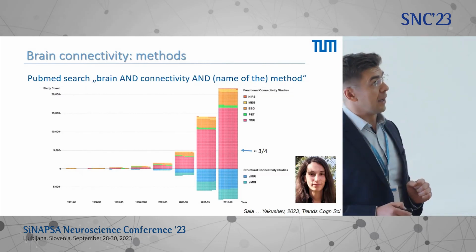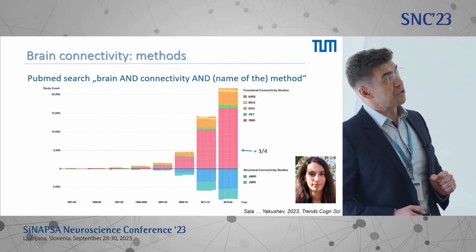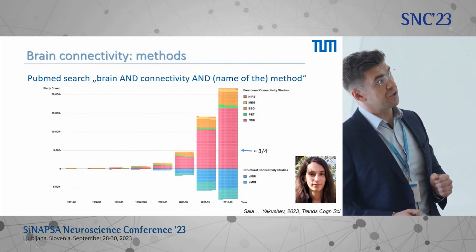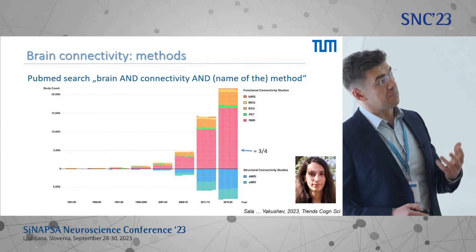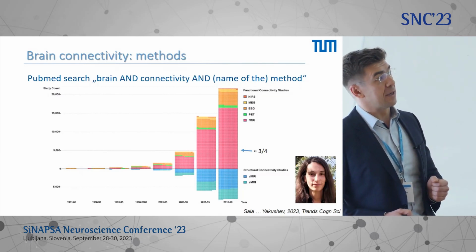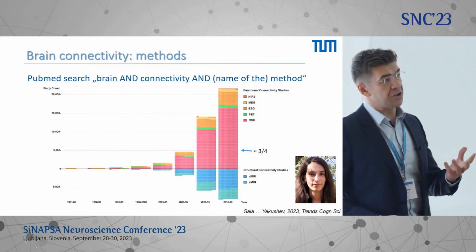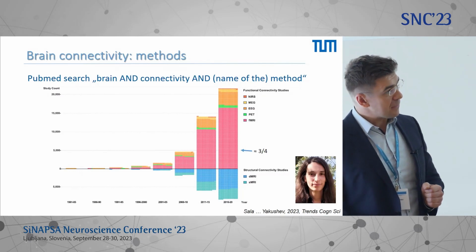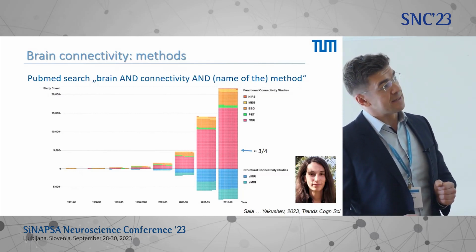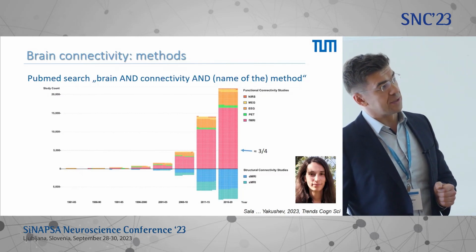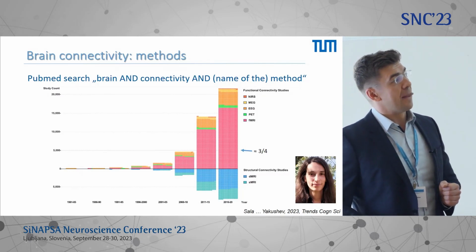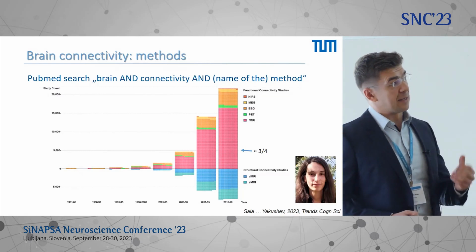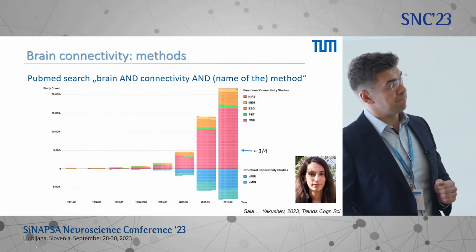There are a number of methods which can be separated into a functional domain, mostly functional methods like near-infrared spectroscopy, MEG, EEG, PET, and fMRI, and a structural domain with structural MRI and diffusion MRI. We can easily see that around 3/4 of functional domain studies are done using fMRI.